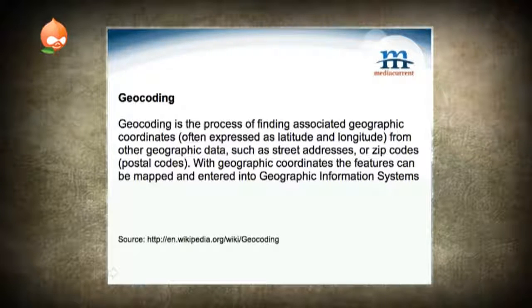Because a lot of times your user will enter in, well, I want to find a store by 123 Easy Street. Well, it's up to your geocoding service to figure out where 123 Easy Street is. Is it 123 Easy Street in Florida? Is it 123 Easy Street in Georgia? There could be a lot. So geocoding is a kind of a complex item that we're going to be using, but the good news is there are free services out there that you can use.